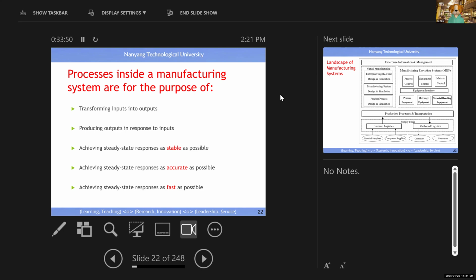Even three already there. That means for the inner process which transforms input to output, again we have three KPIs: stability, accuracy, response time. But for the detail of the process, we will study it in detail in the subsequent slides. So don't worry.